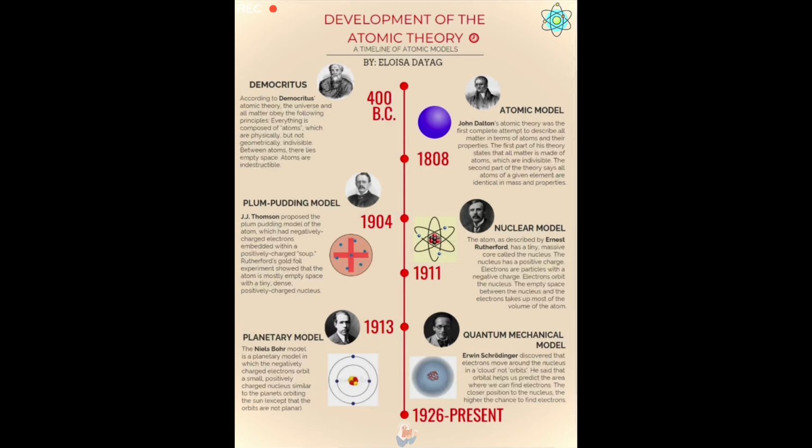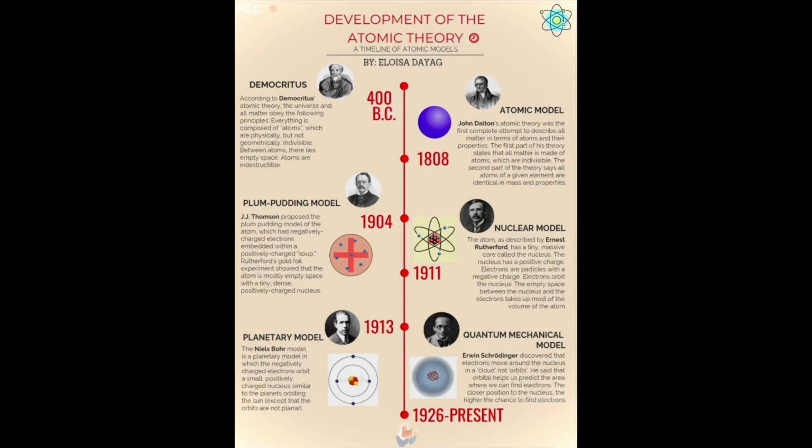By Niels Bohr's time, we were sure that the atom contains a positively charged nucleus and three subatomic particles: the neutron, the proton, and the electron. The neutron and the proton are present inside the positively charged nucleus of the atom. Electrons are orbiting around the nucleus of the atom in energy shells.